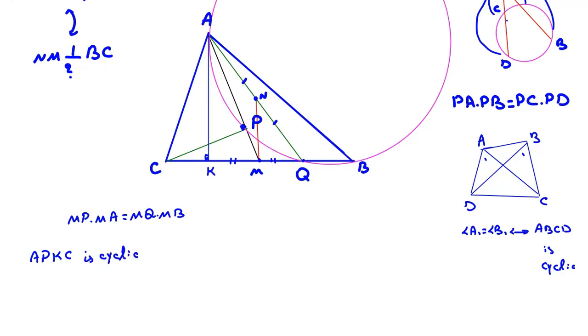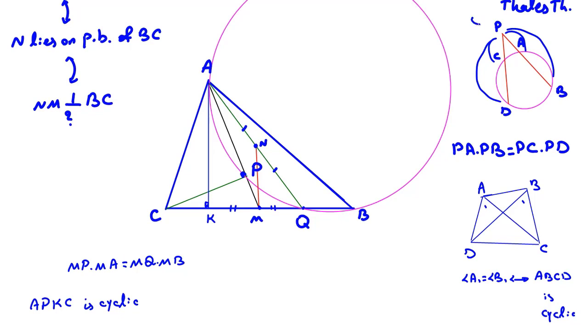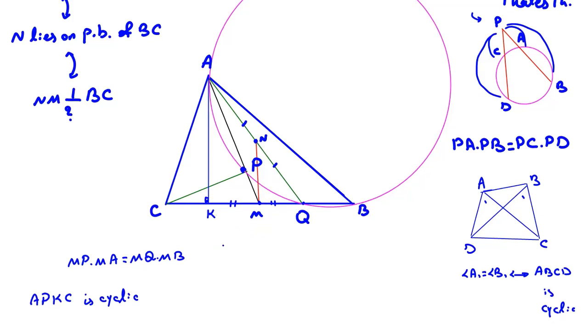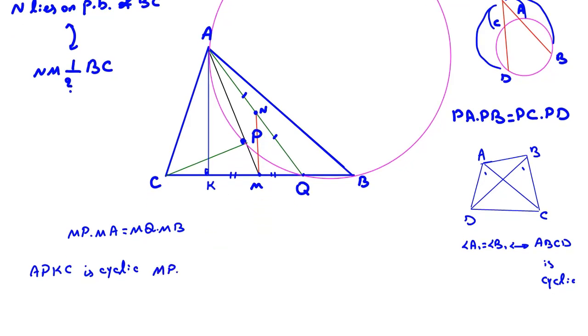And again, we do the same thing. We do this action here. MP times MA equals MK times MC. And because MP times MA are common terms here, we conclude MQ times MB equals MK times MC.